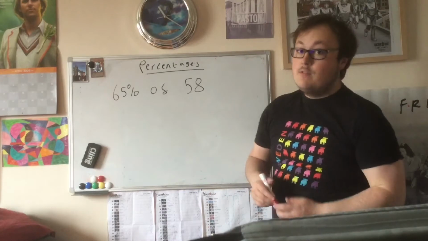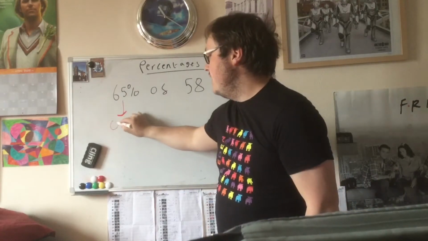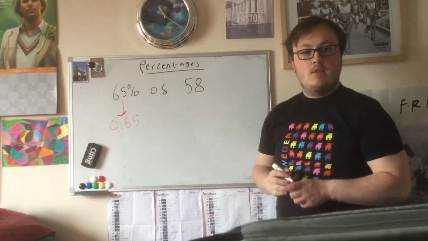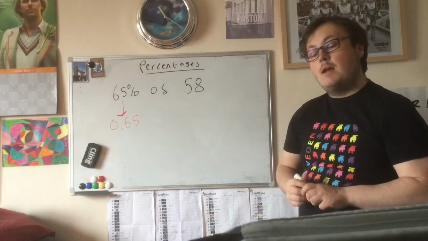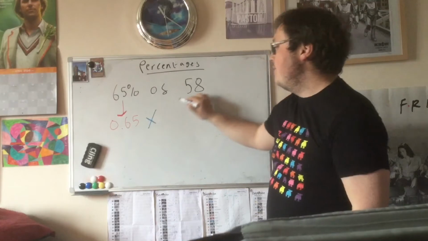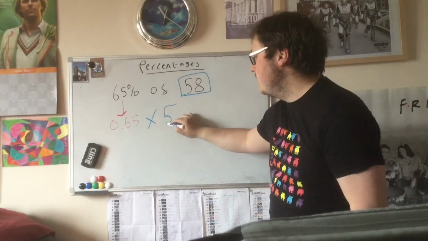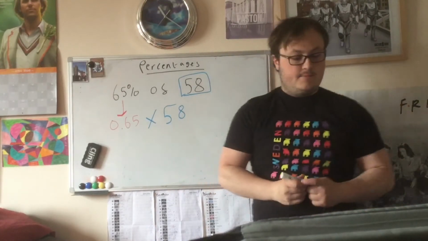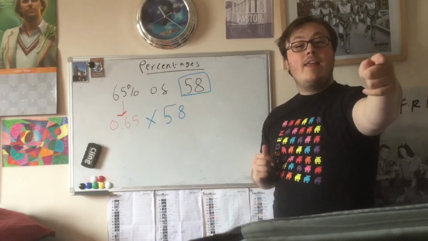I showed you how yesterday, so 65% into a decimal is 0.65. Okay? Step 2, you multiply that converted percentage by the value you're finding the percentage of. So 0.65 times 58.